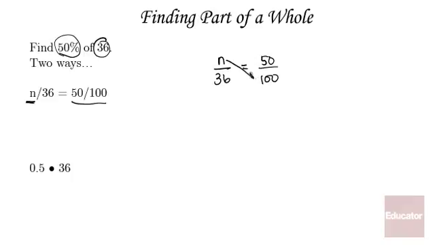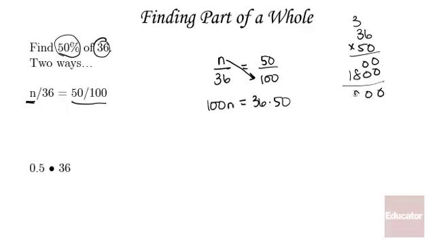We could do the cross product: 100n equals 36 times 50. So 100n equals 1,800.